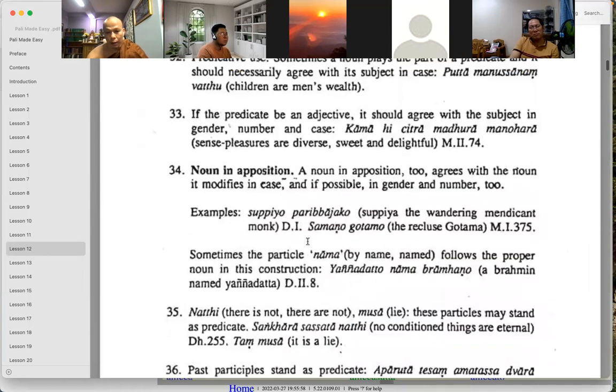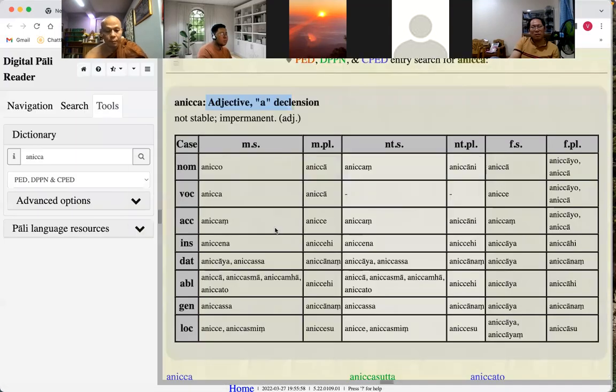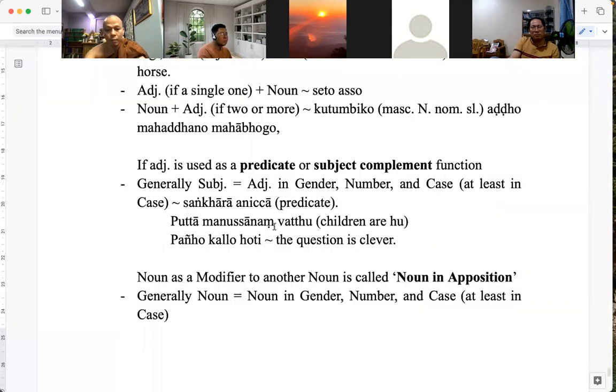So, children are Manosanan, a man's word, which means wealth. Here, the meaning of virtue is wealth.